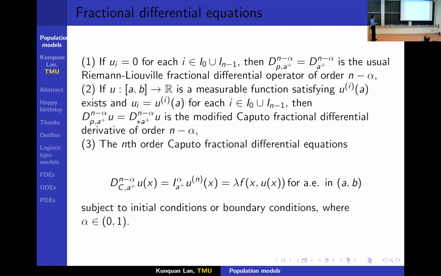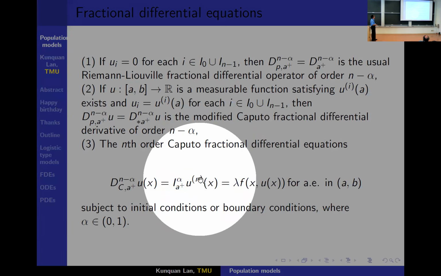So there are several types of fractional differential operator here. A very interesting one is the Caputo. You can see here, suppose n equals 1, so they have a first derivative, but not everywhere defined.